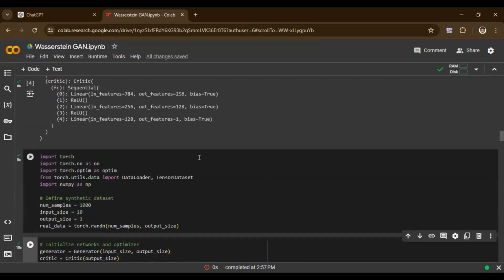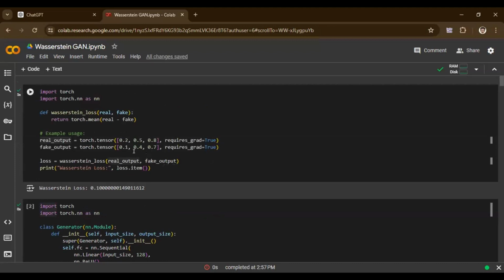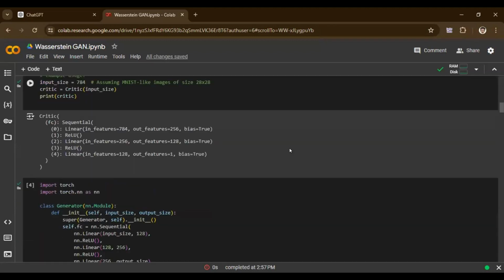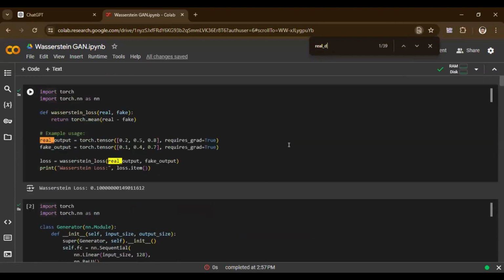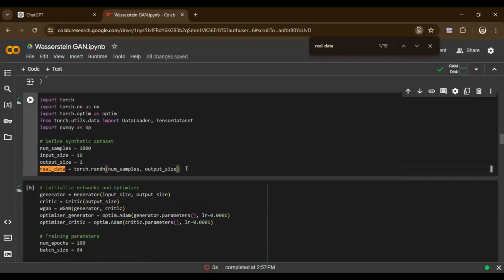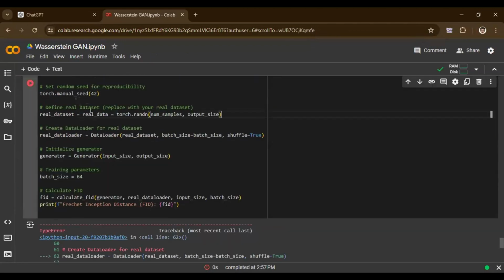Where do we get the real data? Let's check the real data. Oh, it's just generating torch random. Let's see if we can use this one for the real data. The dataset is this one. Oh, it shouldn't be different, but let's see.